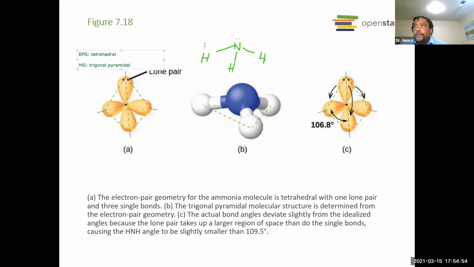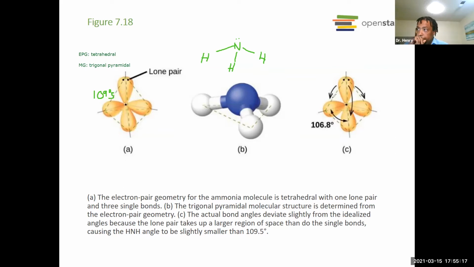Because the electron pairs are going to act like hands and push it down a little bit further. If it was fully tetrahedral, each of these angles would be 109.5 degrees.